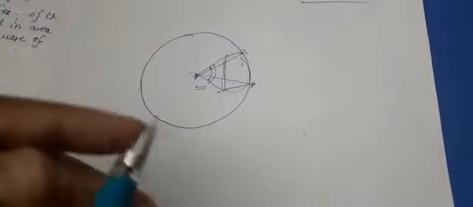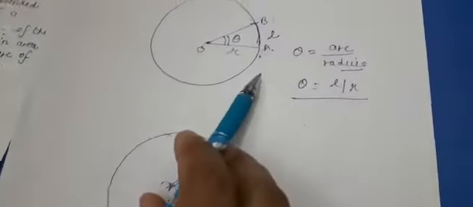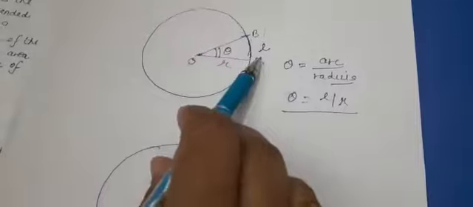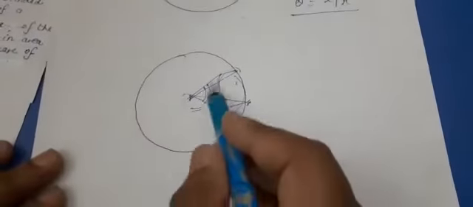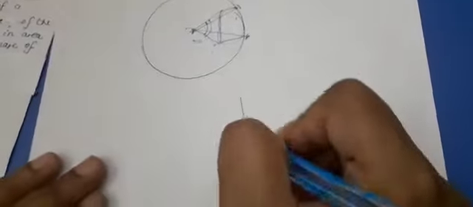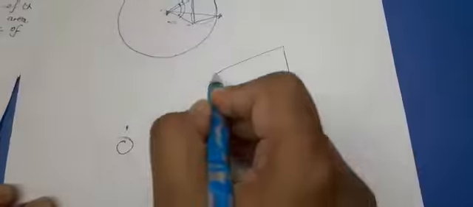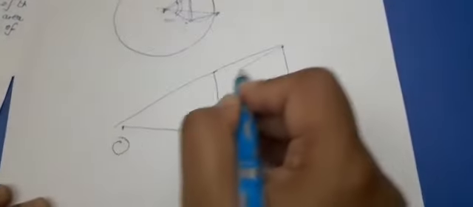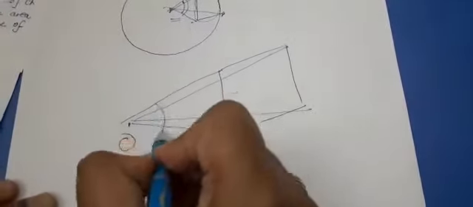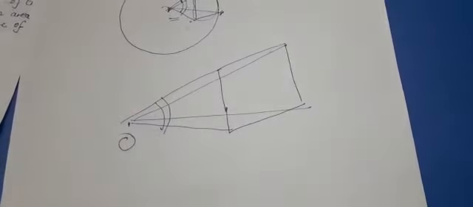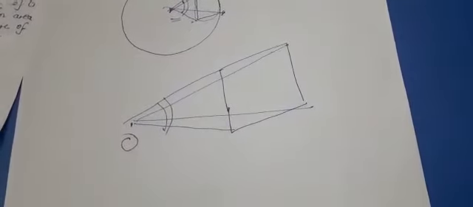This angle is taken as the solid angle. Imagine this is a center, and this is a particular area element, area, not a length. The difference is that in a circle we take only a length element, but in a sphere you take an area element. All its points when joined with the center subtend an angle at the center, which is taken as a solid angle.